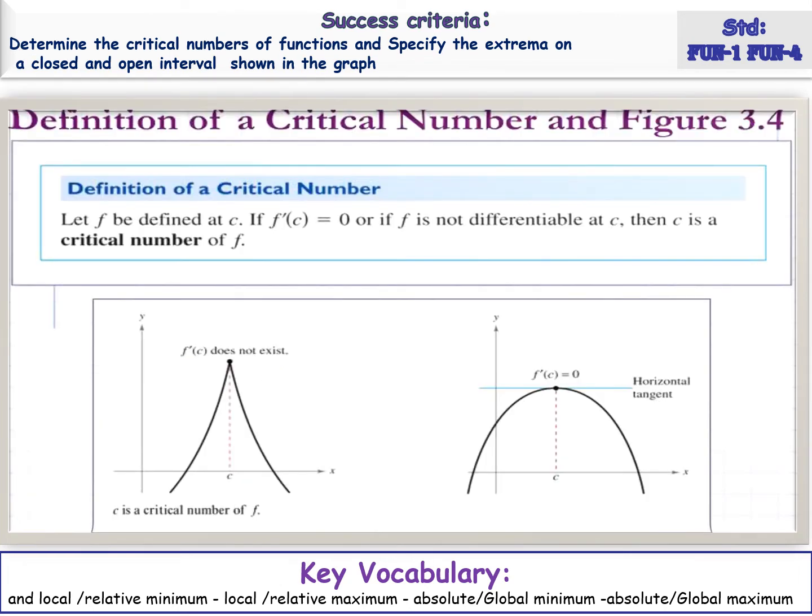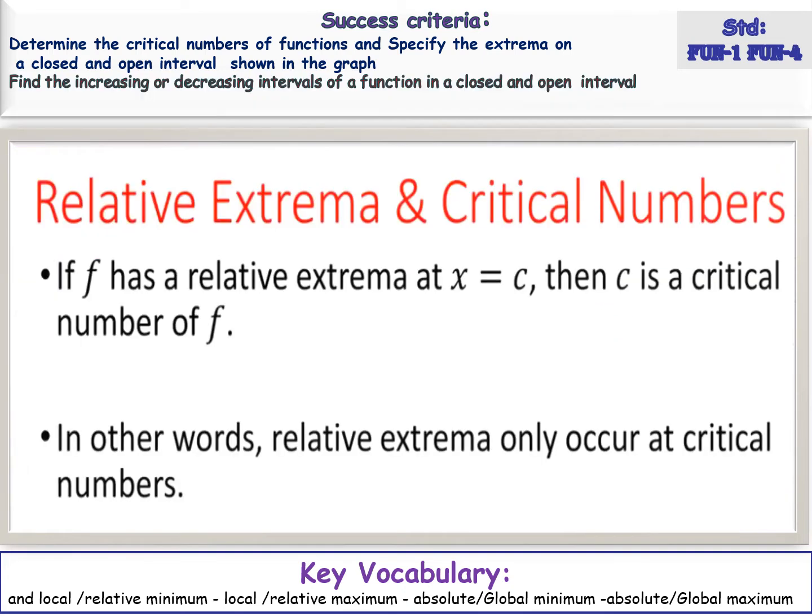So you can see in these two graphs, in the first graph there is a sharp turn, so the derivative does not exist, the function is not differentiable. In the second graph, the slope of the tangent line is 0, because on making a tangent line, you will get a horizontal slope. So the derivative is 0. So both are the cases where you can find the critical numbers.